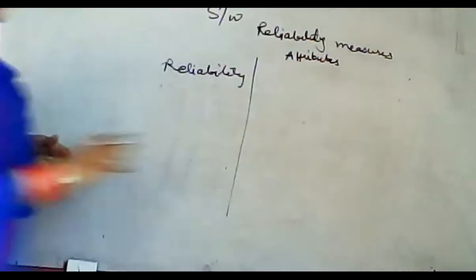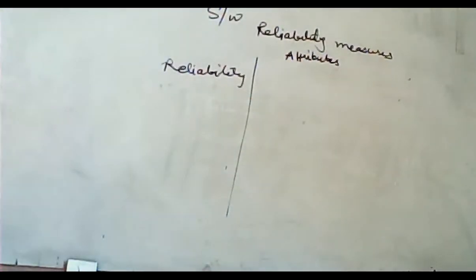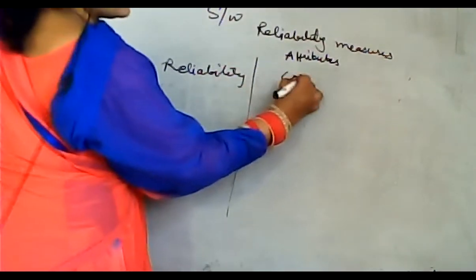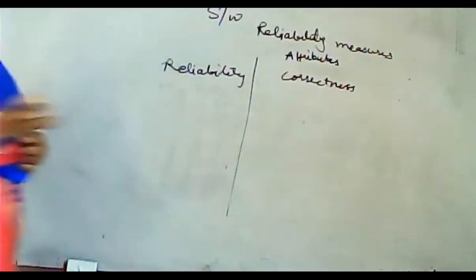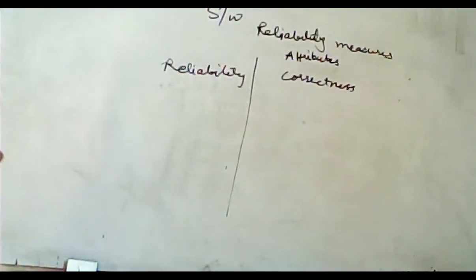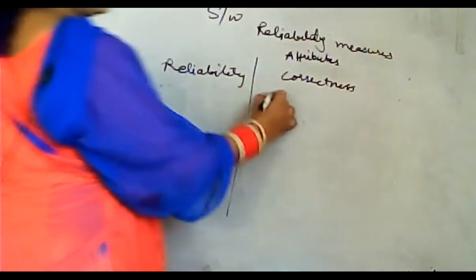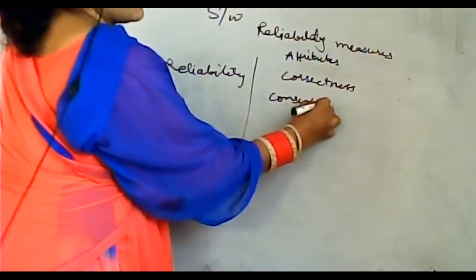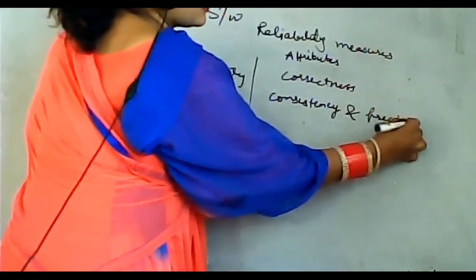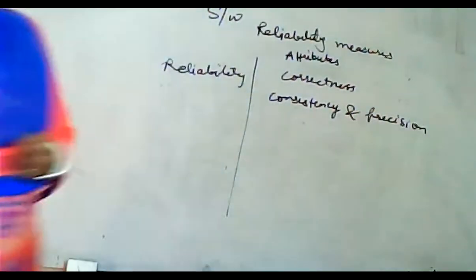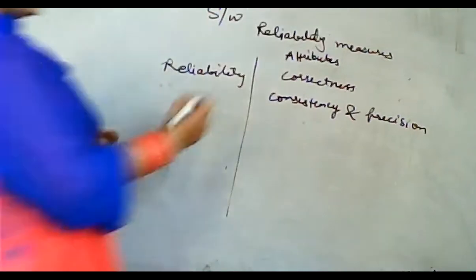It should have correctness, for a system to be reliable, consistency and precision, robustness should be there.